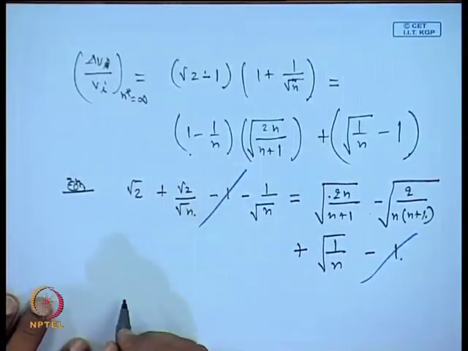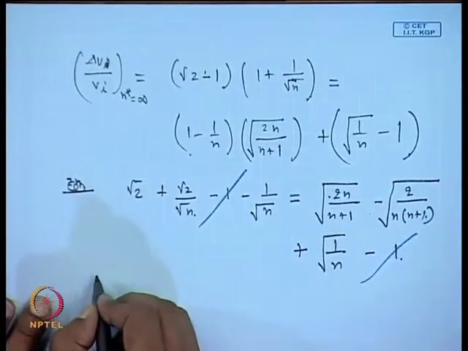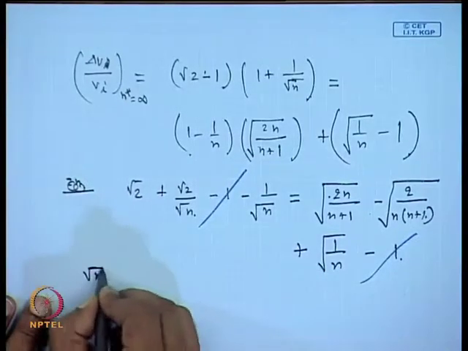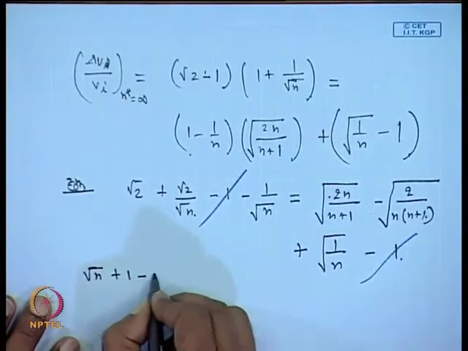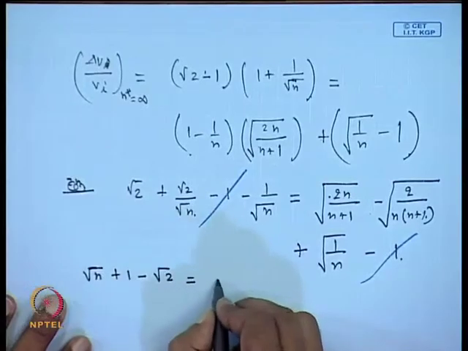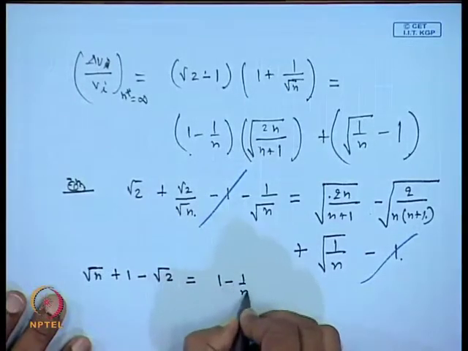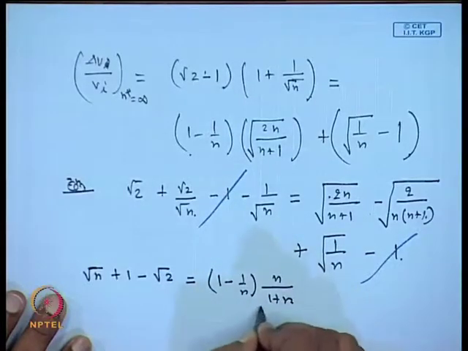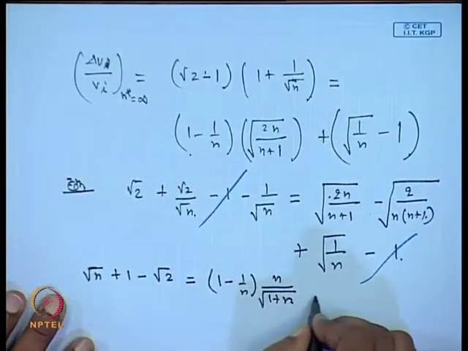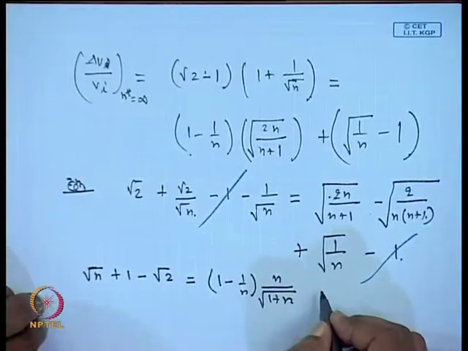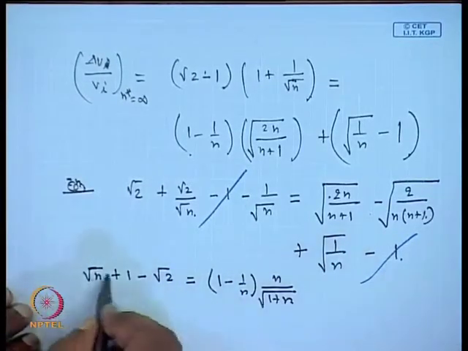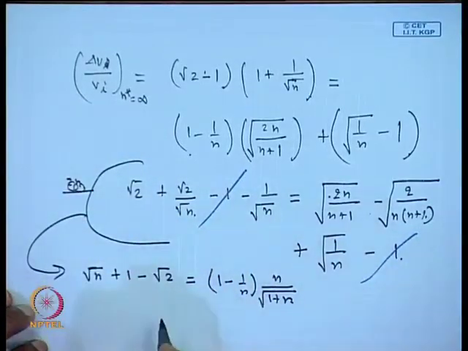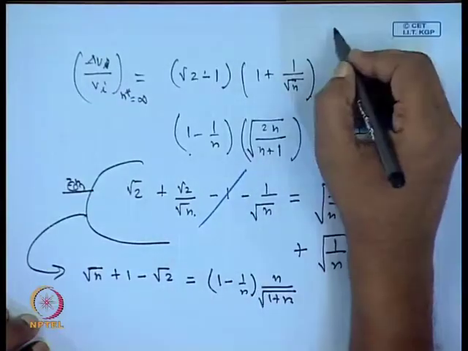And after a little bit of simplification, you can write them as under root n plus 1 minus root 2 equal to, okay. So, this equation can be reduced to this equation, it is easier doing it, but I am just skipping those steps here.